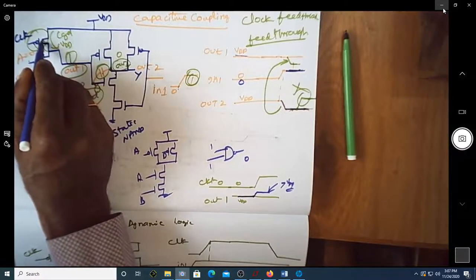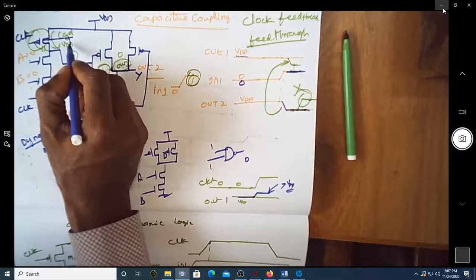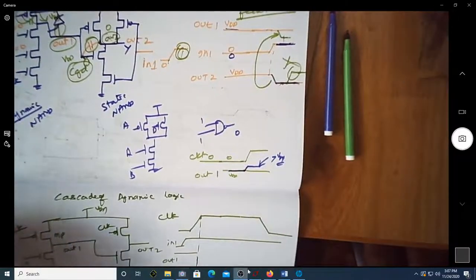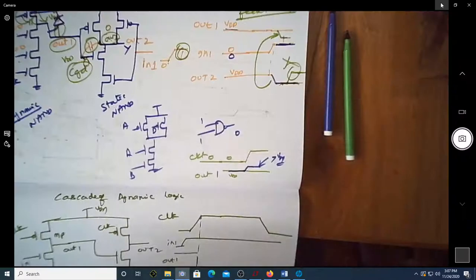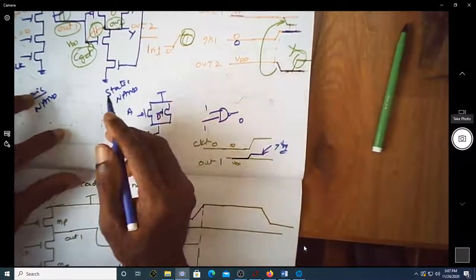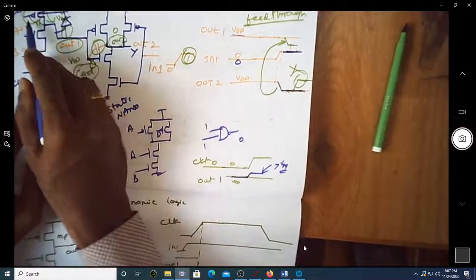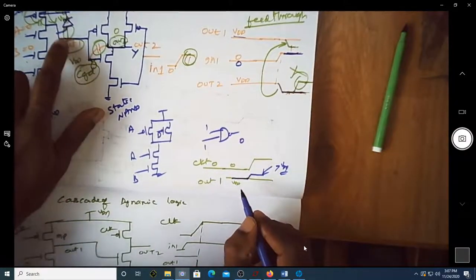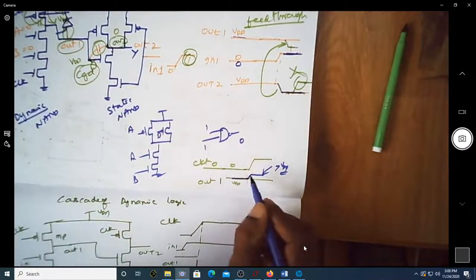As soon as this becomes a voltage above VDD, if you can make out here, there is a substrate which is N type. Because of this increase in the clock voltage from 0 to VDD, the output voltage also tries to become slightly more than VDD because of capacitive coupling.